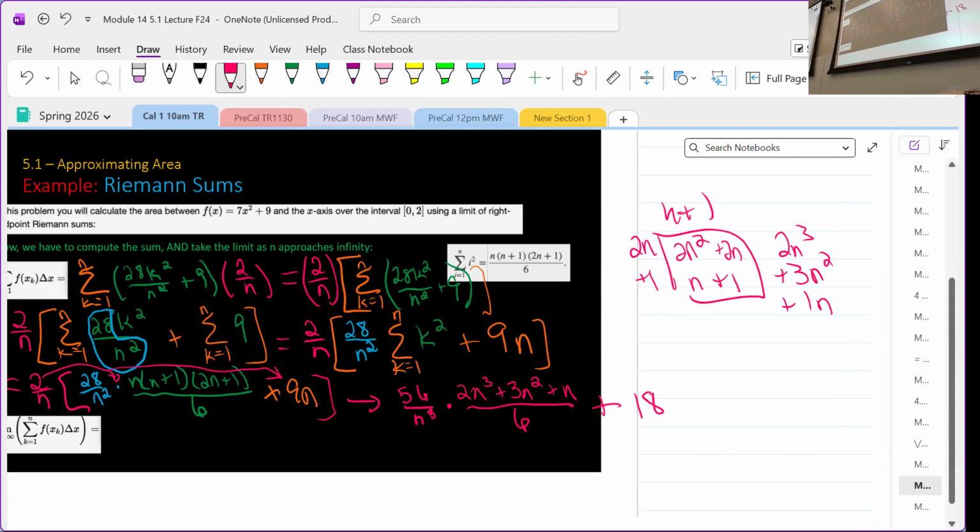And then 2 over n times 9n, 2 times 9 is 18. Over n times n, the n's cancel, so we just get a plus 18 at the end.